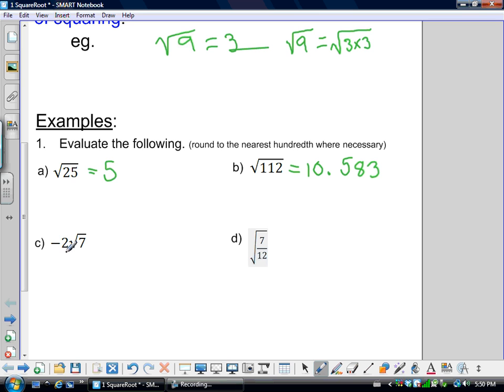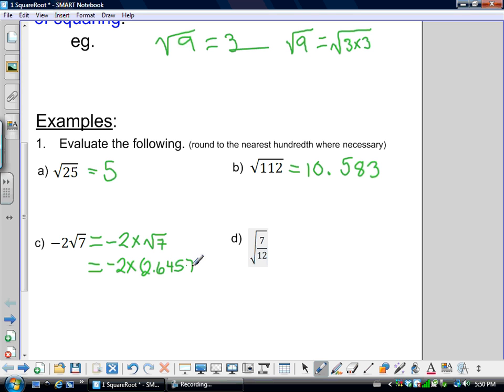It says -2 and then it has a square root of 7. So really what that's saying is I have -2 and I'm multiplying it by the square root of 7. So again, what I do here is I take my calculator, calculate the square root of 7, which is going to be approximately 2.645575.